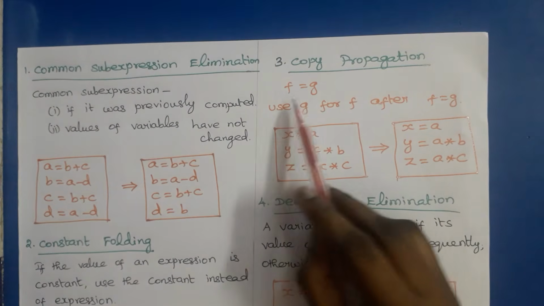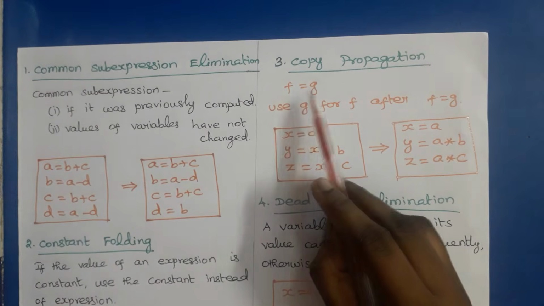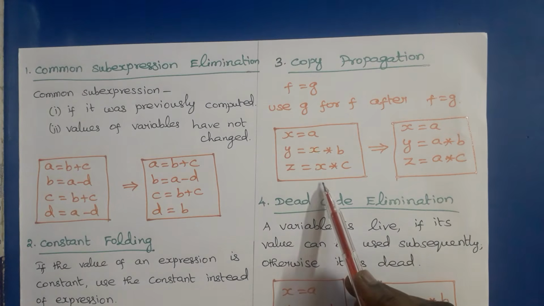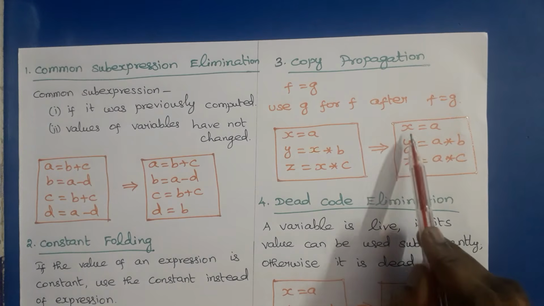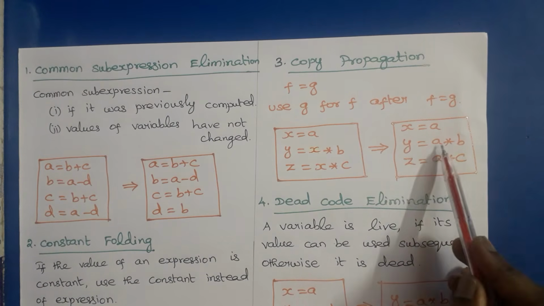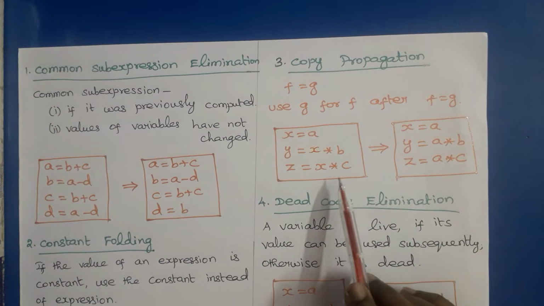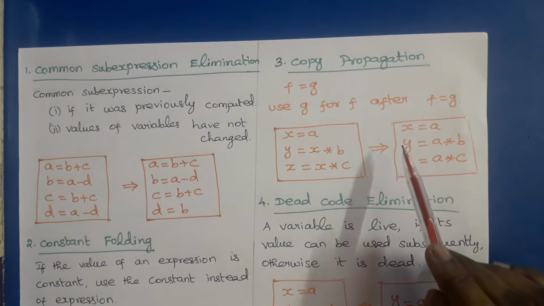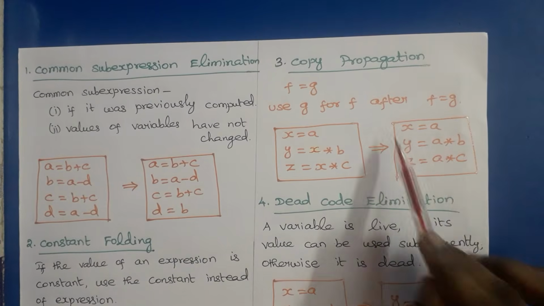That is, if a copy statement is there, we use the right side of the copy statement instead of the left-hand side. So if you substitute a for x, we will get this block: x equals a, y equals a star b, z equals a star c. Here we didn't see any improvement. The number of statements is also the same, but there is a possibility of deleting x equals a.